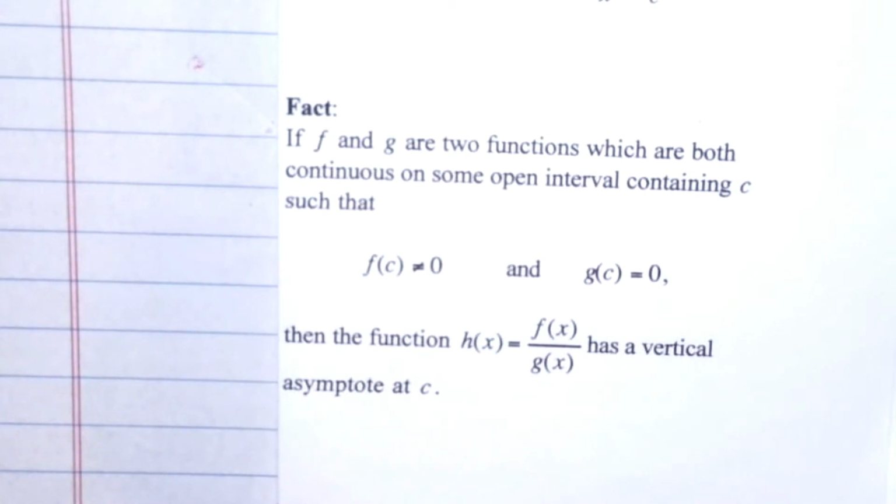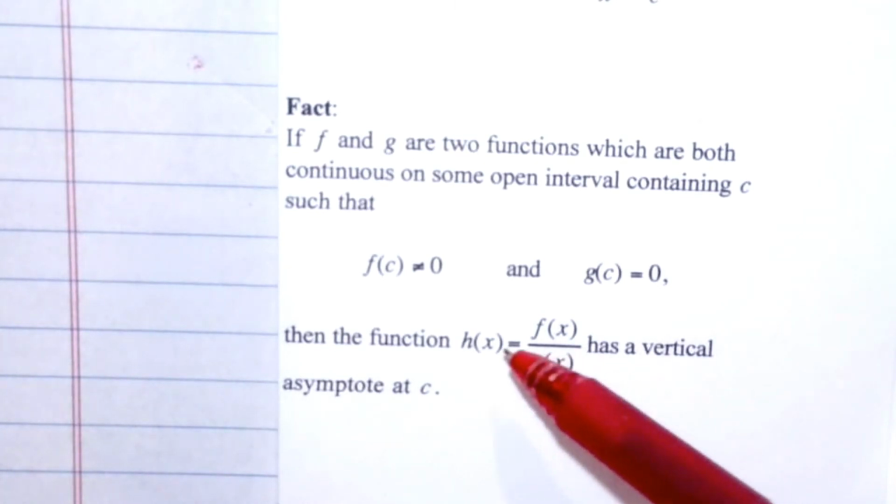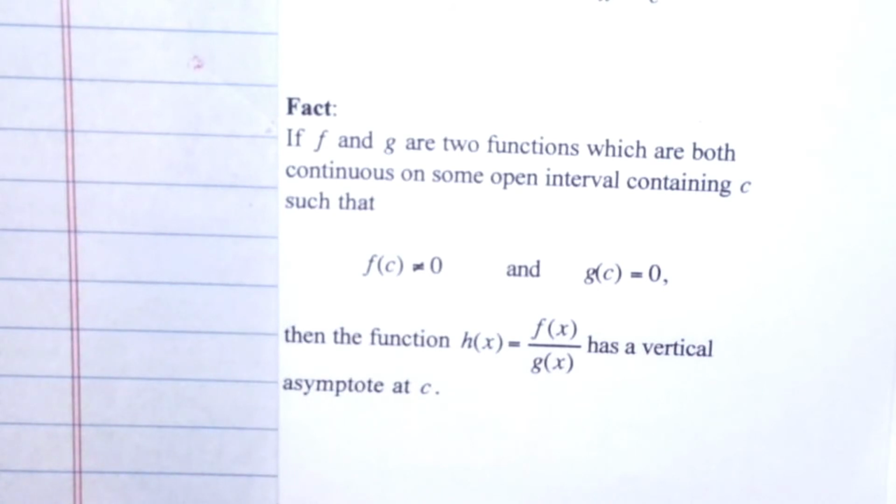If f and g are two functions which are both continuous on some open interval containing c, so that f of c is not 0 and g of c is 0, then the function defined by f of x divided by g of x has a vertical asymptote at c.